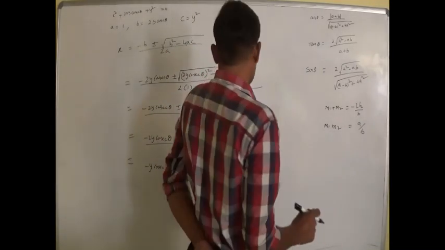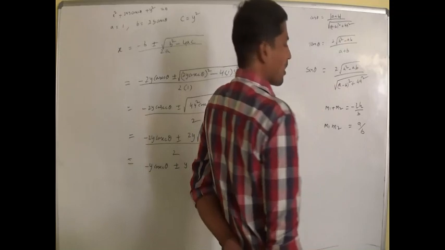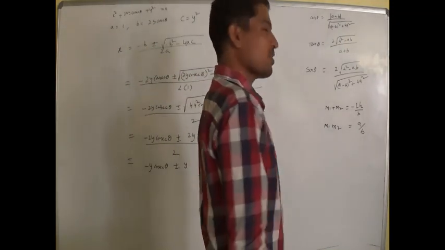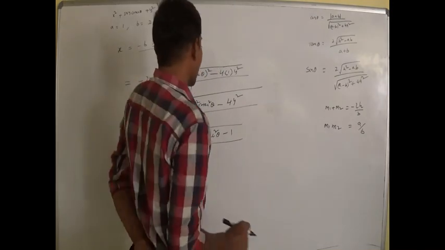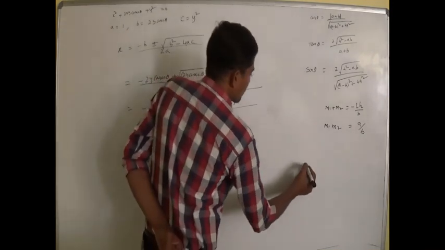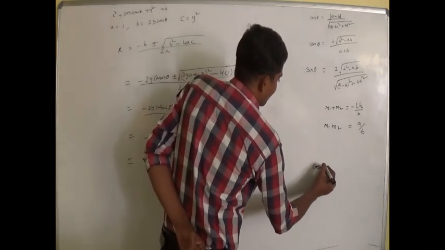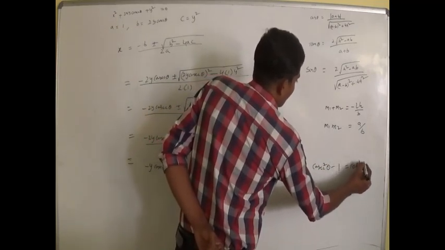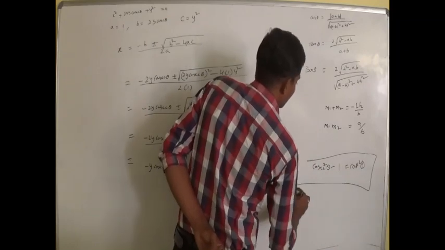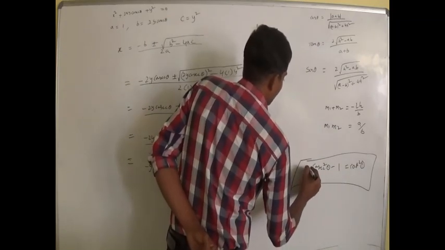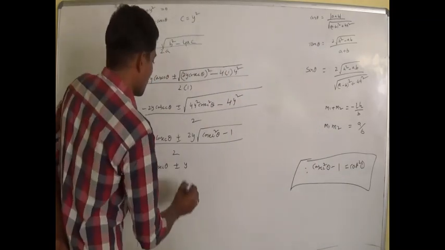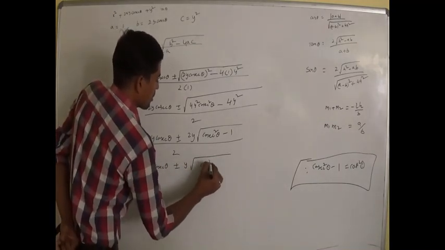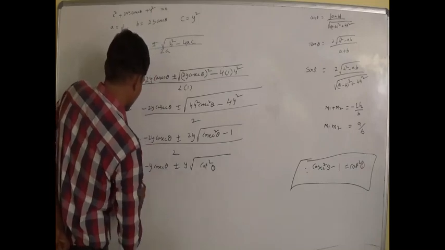We know that cosecant square theta minus cot square theta is equal to 1. Cosecant square theta minus 1 is equal to cot square theta. So square root of cot square theta, which is equal to cot theta.